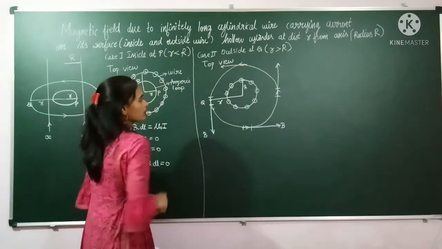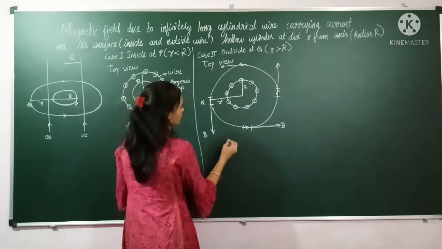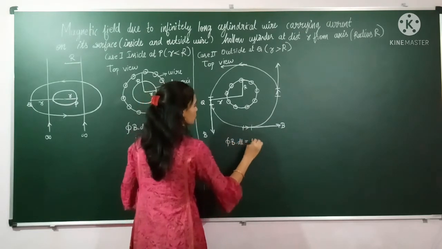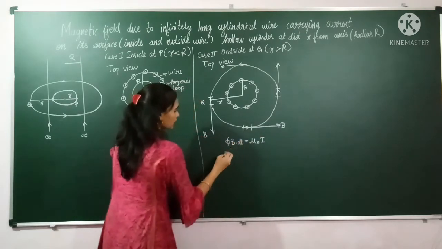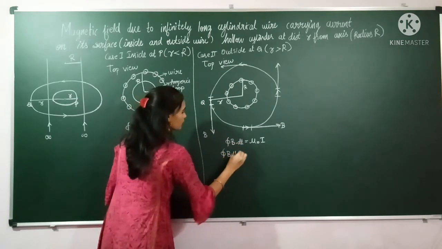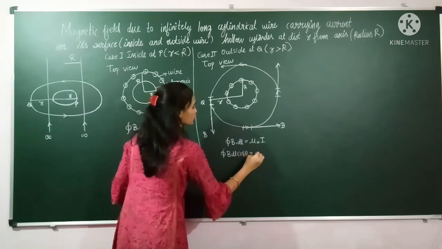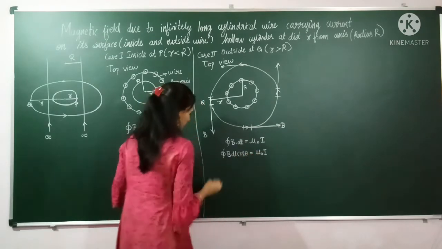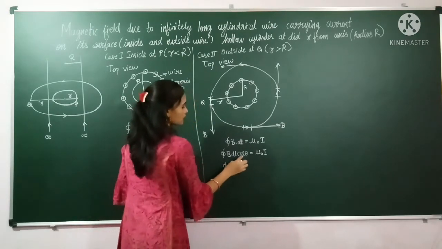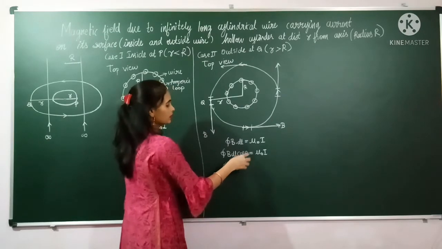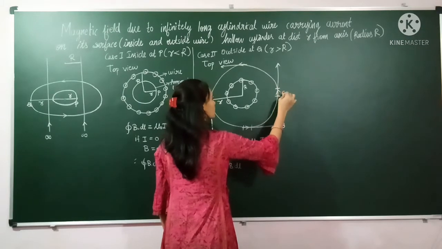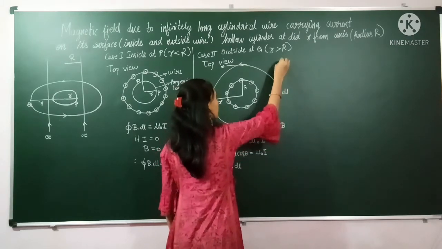So next here we will apply Ampere's circuital law, that is closed integral B dot dl is equal to mu naught I. This dot product can be written as closed integral B dl cos theta is equal to mu naught I. Here theta is the angle between dl and B, because this is the direction of dl and this is the direction of the magnetic field.